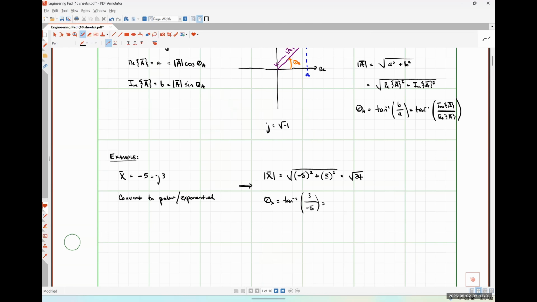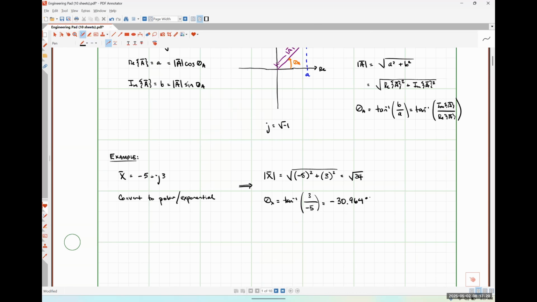So inverse tangent of 3 divided by -5. I got -30.964 degrees. Other people got that number. Okay. It's wrong. Can anybody tell me why it's wrong?